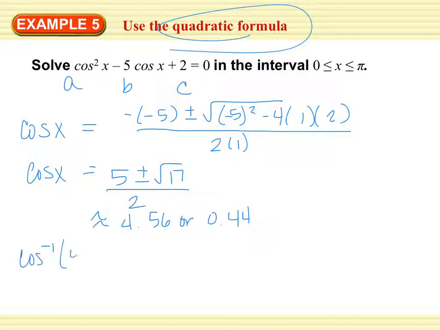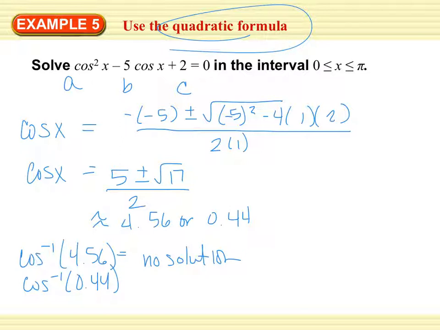Cosine inverse of 4.56 equals no solution. And then cosine inverse of 0.44 gives me about 1.12. And in between the interval of 0 and pi, that's my only possible solution. So not too awful, is it?